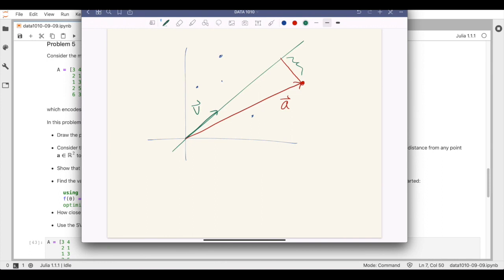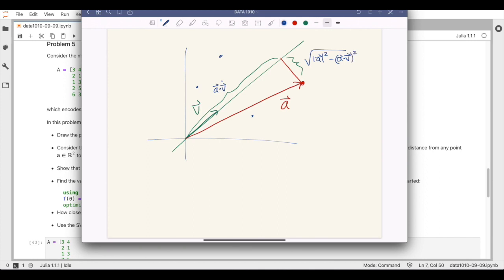What we can find more easily is the other leg of this right triangle, which is going to be just A dotted with V, because we're projecting onto a unit vector, and to project a vector onto a unit vector, you just compute the dot product. And so that means by the Pythagorean theorem, this distance is going to be the square root of the hypotenuse squared minus the other leg squared.